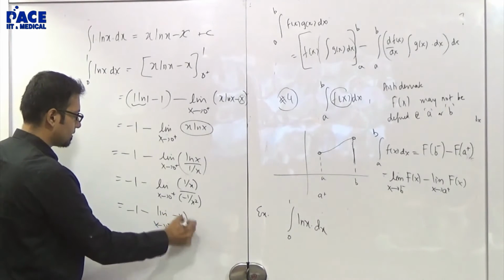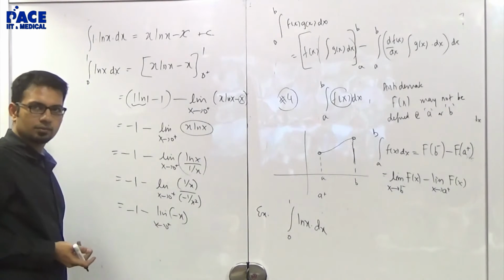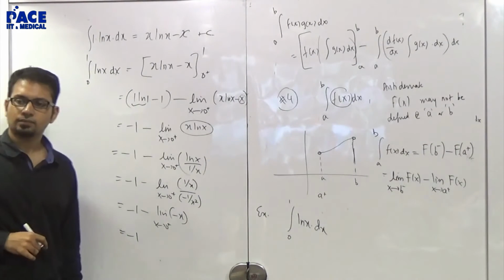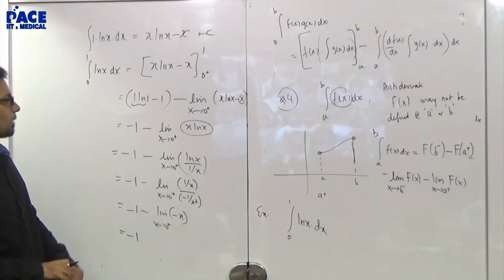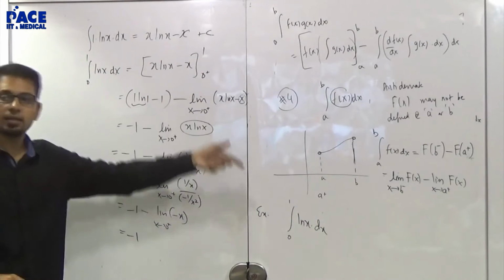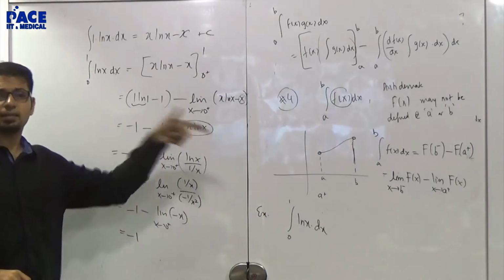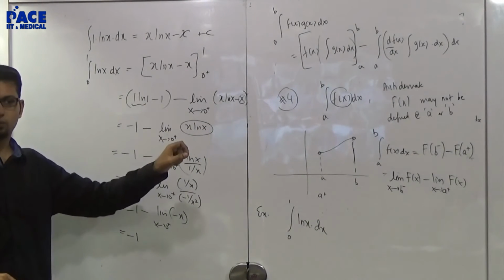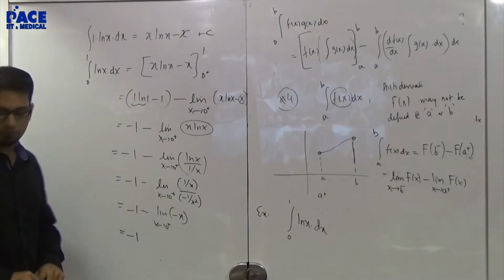It becomes minus x. Now minus x की limit 0. Put x as 0. So the answer is now simply minus 1. Is that clear? So whenever we encounter a case where अगर 0 डाल ले तो problem है, तो 0 ना डालो, limit extending to 0 in place of exact 0. Is that clear?